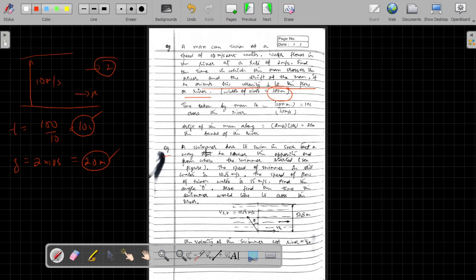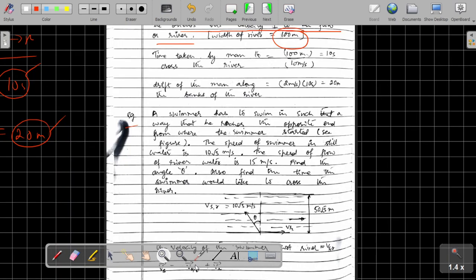Next question. A swimmer has to swim in such a way that he reaches the opposite point from where he started. In this question we have to see the figure to understand.